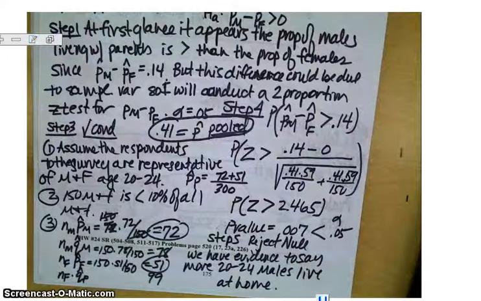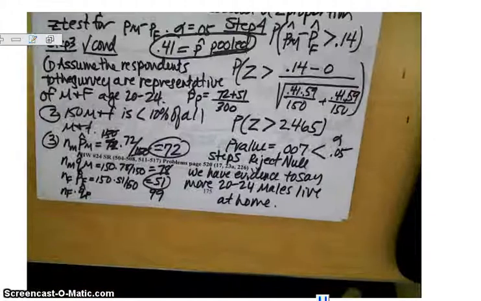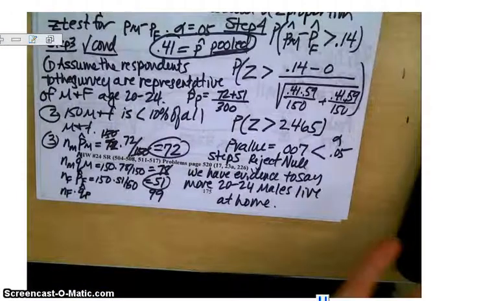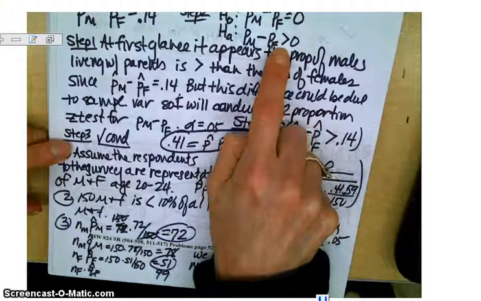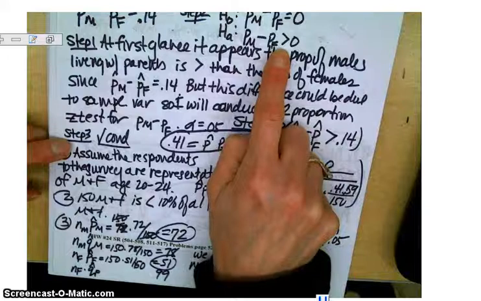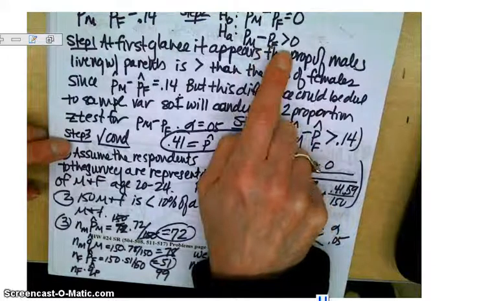The null was that the same number of males and females live at home. We rejected that, and we concluded that the alternative is what we're going to go with: more males live at home than females who are age 20 to 24.